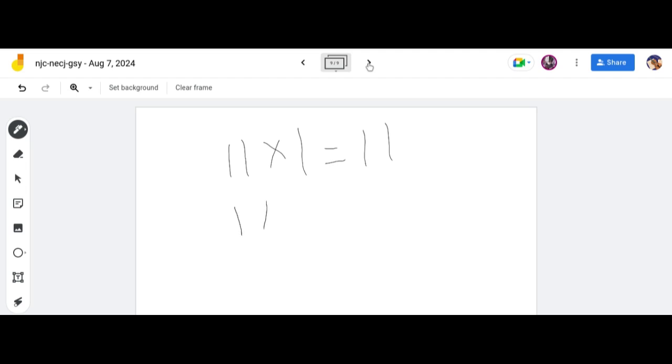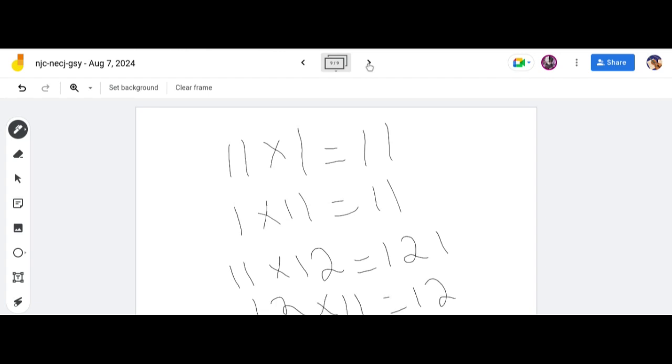Can I change the place? The answer will be 11. Okay, so if I multiply 11 by 12, the answer is 121. If I multiply 12 by 11, then the answer will be 121. Okay, so everything is possible. I think everything, not everything.